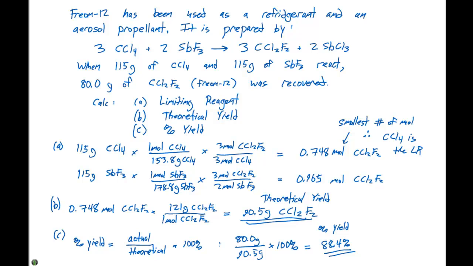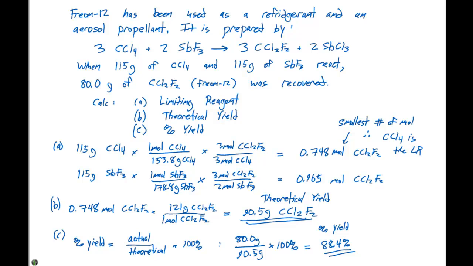So to sum everything up, we were given a balanced chemical equation, and we said that 115 grams of each reactant were able to react. We were able to recover 80 grams of the Freon 12. From this, we can calculate the limiting reactant, so we convert over to the moles of the product for each of these reactants.